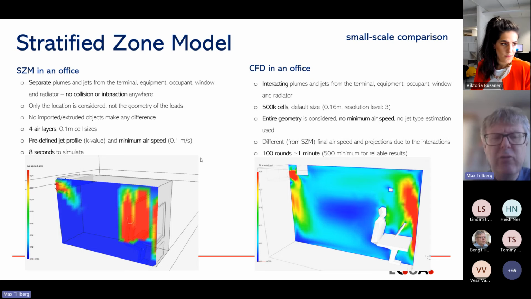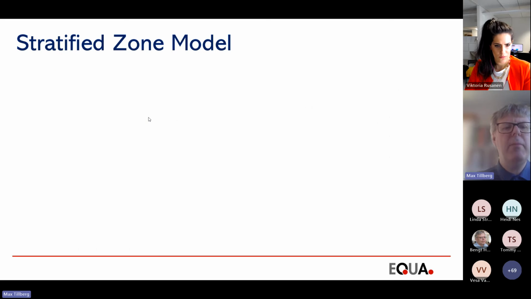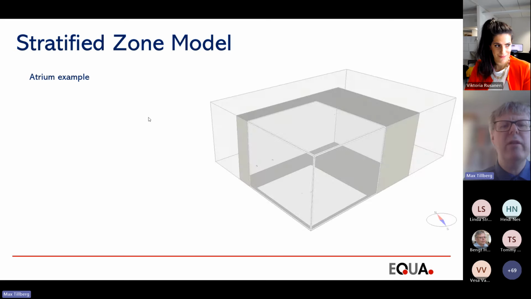There are cases where the zone model is probably more useful, not just for its simplicity and simulation speed, but also result-wise, as there are things that are quite hard to capture with CFD. We can show that maybe some other time. We can also look at a bigger case. Let's look at an atrium.